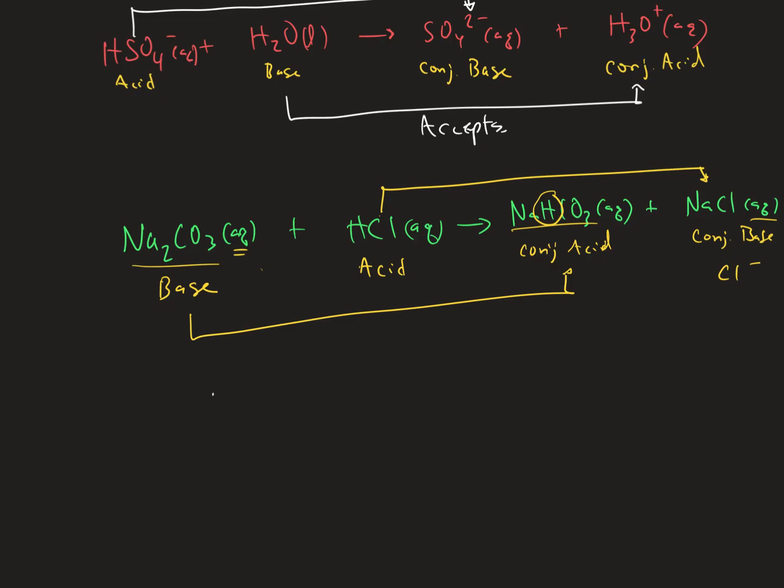Yeah, I'll do it this way. CO3 2 minus, it's not the same one, but it's kind of a simple one like it. So this is H2O. This goes to HCO3 minus and H3O plus.